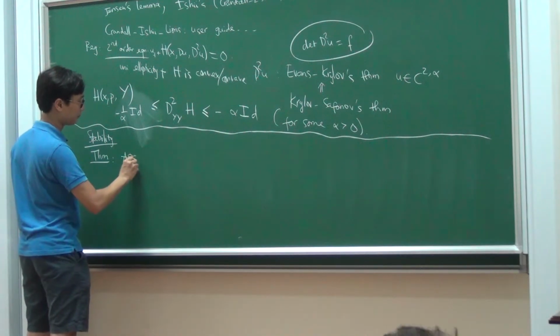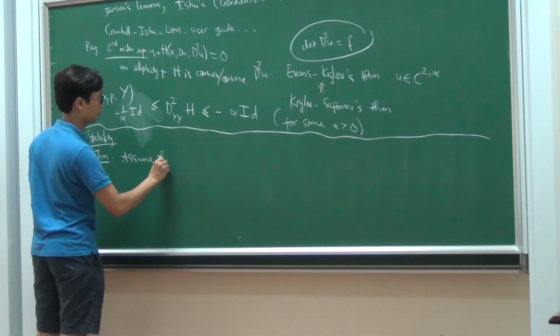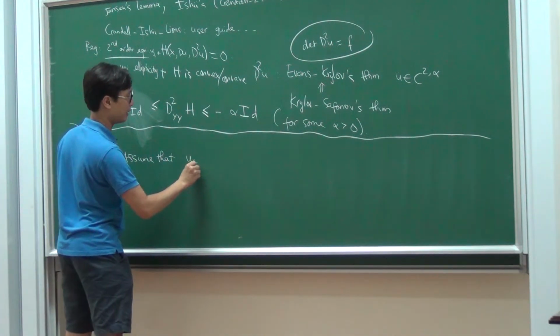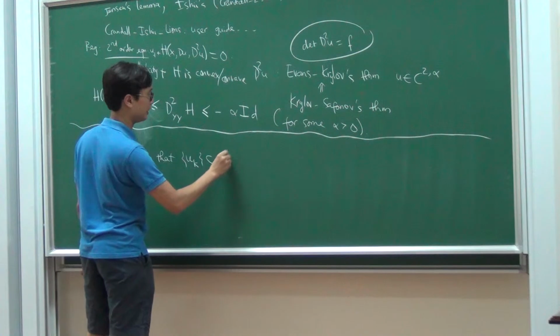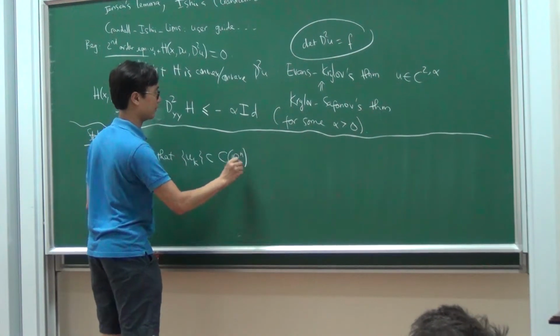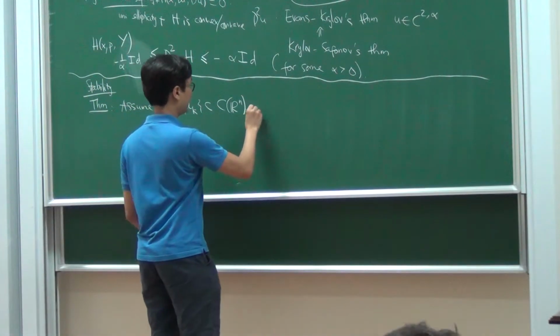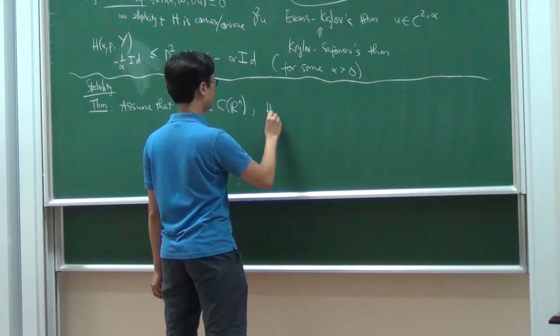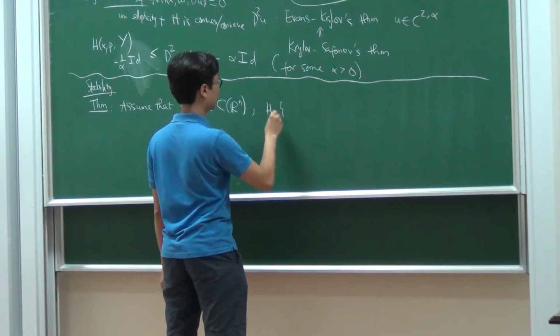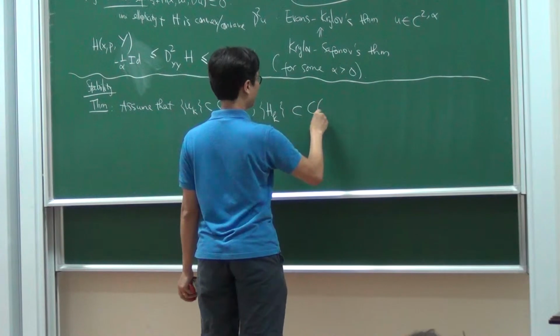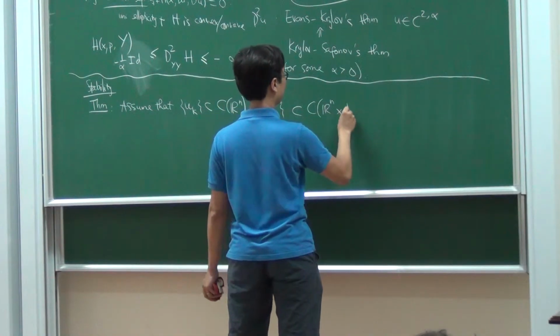Assume that u_k is a sequence in C(R^n), continuous functions, and H_k is a sequence of continuous functions in C(R^n times R^n).